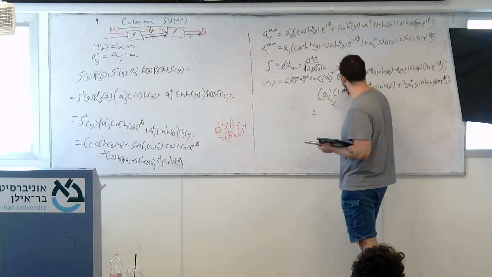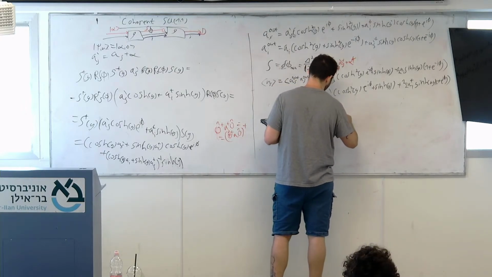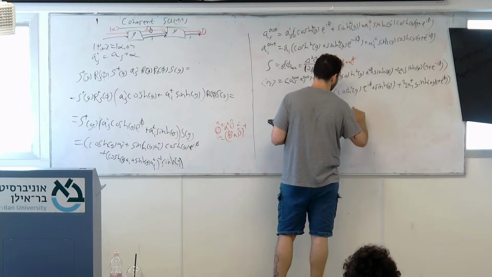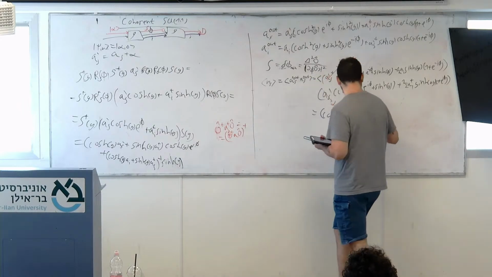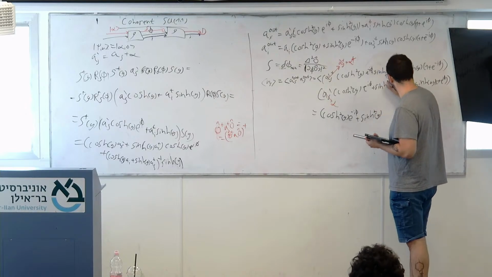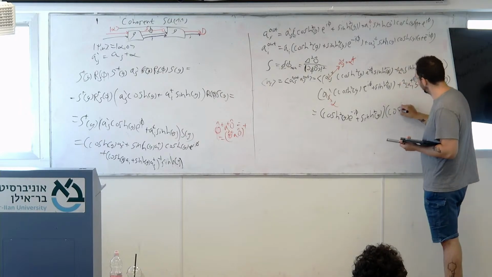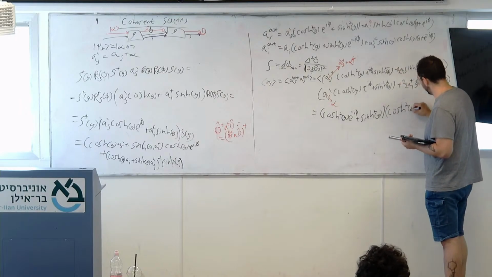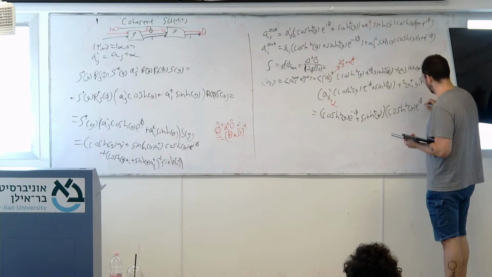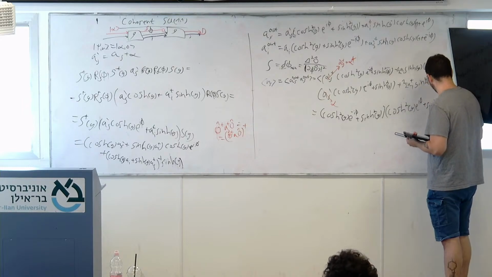So we'll have, first of all, the two terms here. We'll have cosh squared G e to the minus i phi plus sinh squared G. Oh, missing a squared over here. Cosh squared G e to the i phi plus sinh squared G. Right?